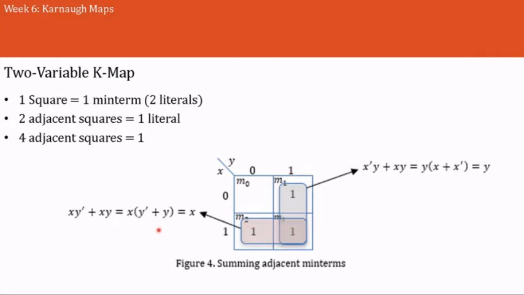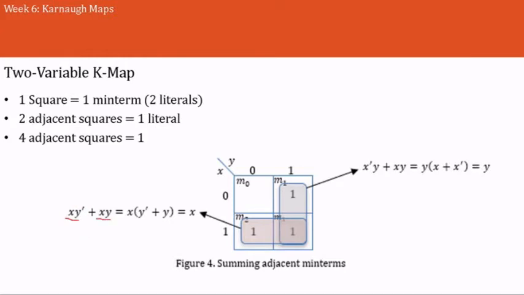Looking again at their expressions, minterm 2 has x equal to 1 and y prime, so we have x y prime, and minterm 3 is x y.